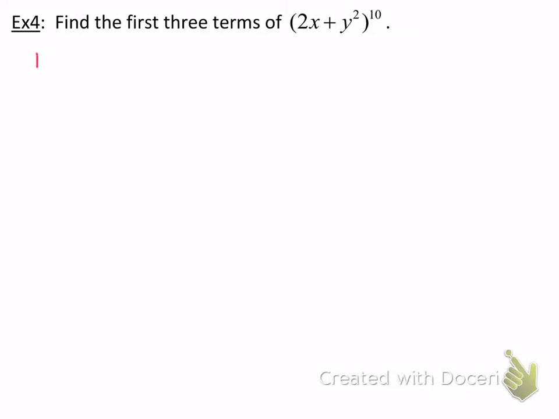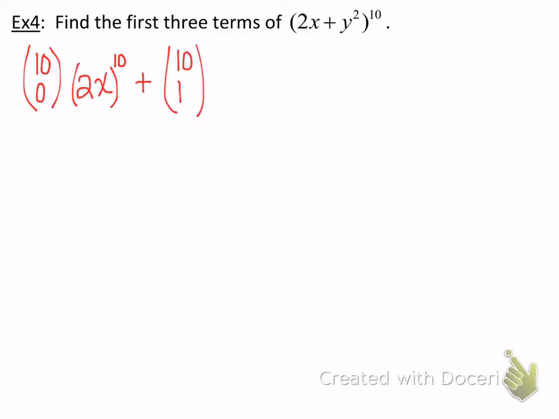So we have 10 choosing 0 times a, which is 2x, to the 10th, sorry. And then we have 10 choosing 1, 2x to the 9th. And then our b value is actually y squared here.